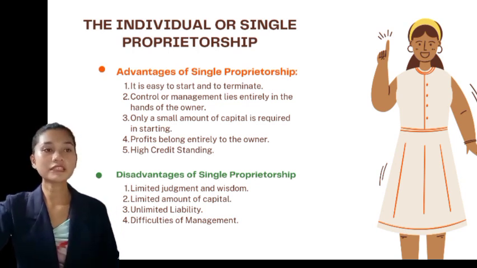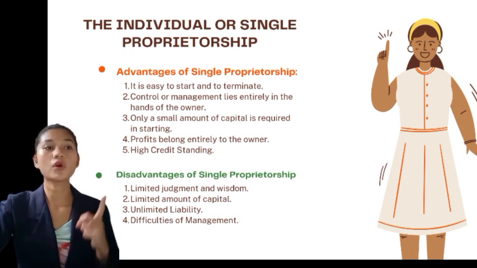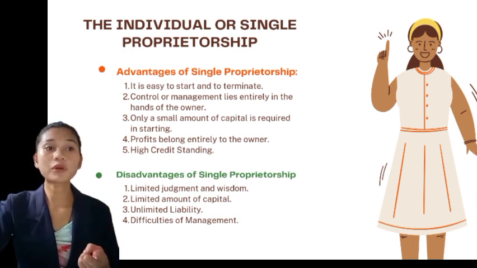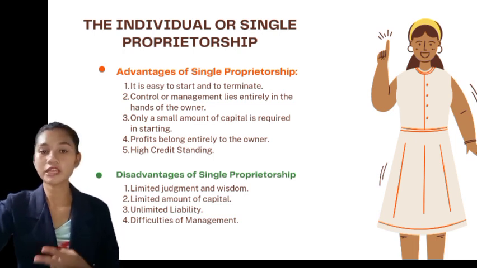So here is the first one, limited judgment and wisdom. Yes, dili jud lalim mutukod og business without any partnership. The second is limited amount of capital. It depends on the resources of the business owner kung dako ba or gamay iyang resources. But if gamay iyang resources, maglisod jud siya og start.